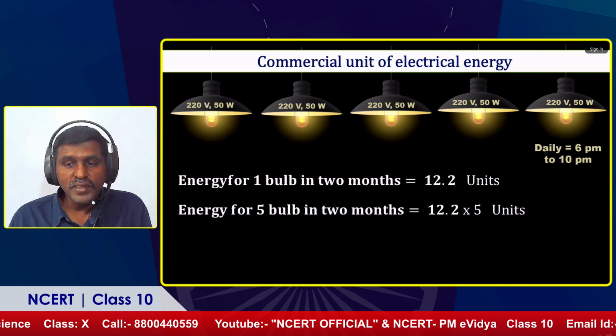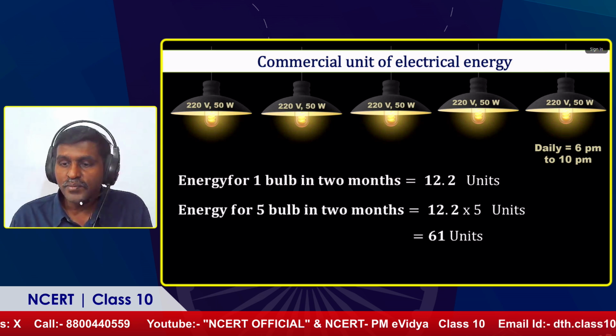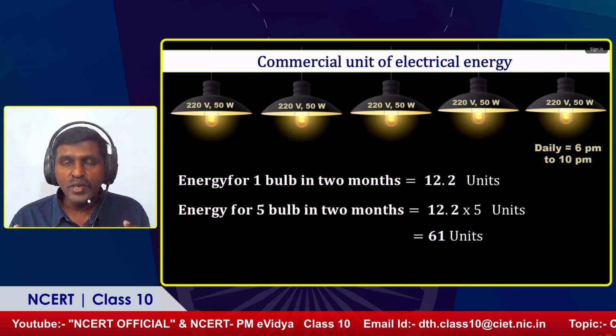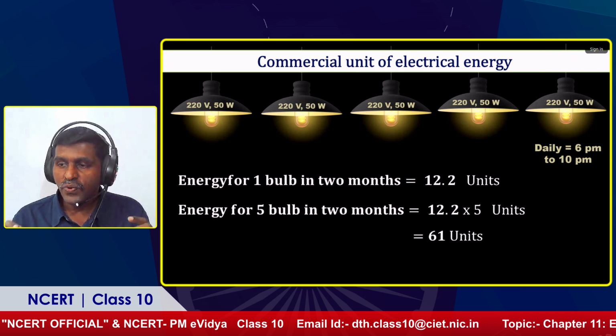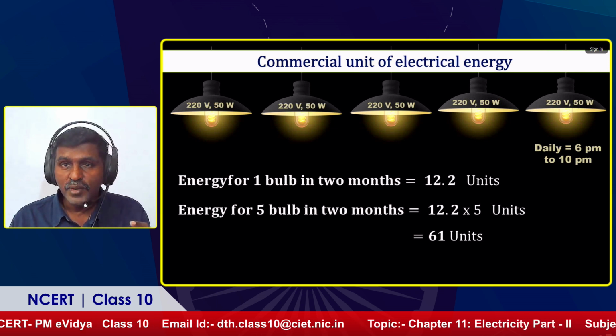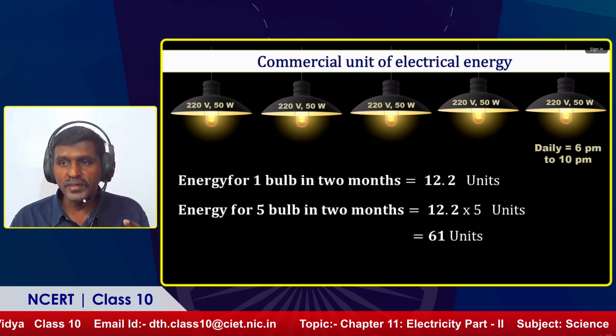If it is 5 bulbs, then it is into 5, it is some 61 units. So when you are using 5 bulbs, each for 4 hours daily, then for the 2 months the commercial unit is 61 units.